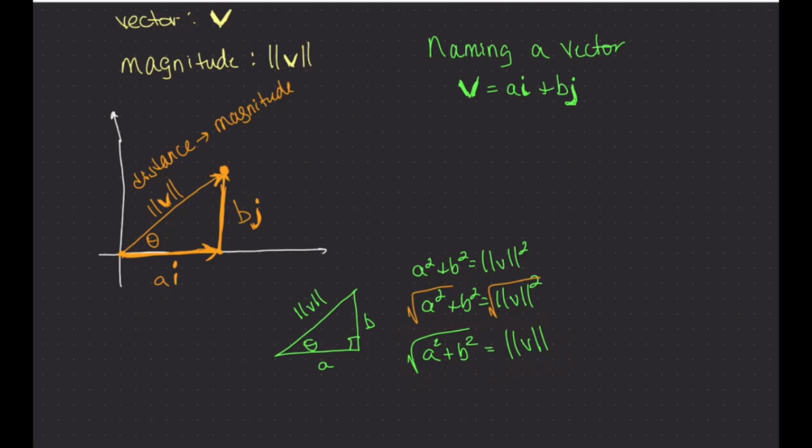So we know that our magnitude equals the square root of a squared plus b squared. Now we just have to figure out how to find a and b, don't we?